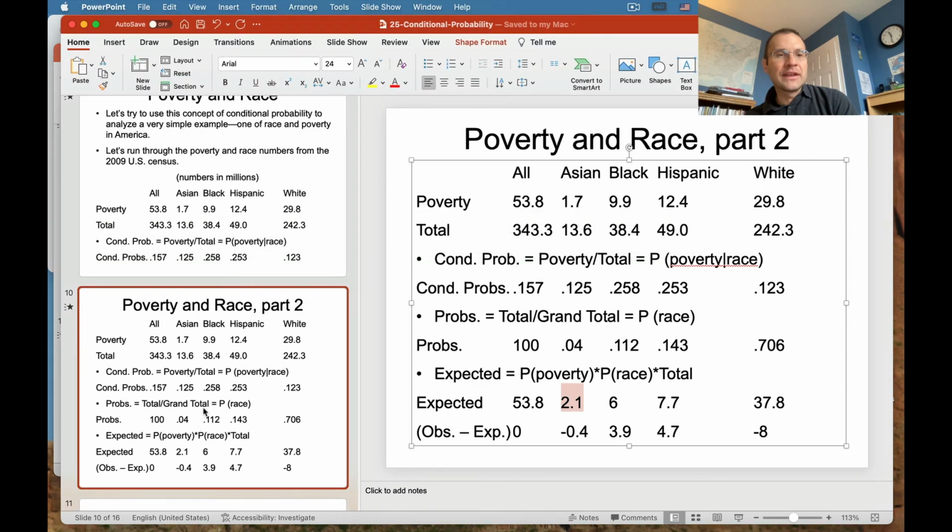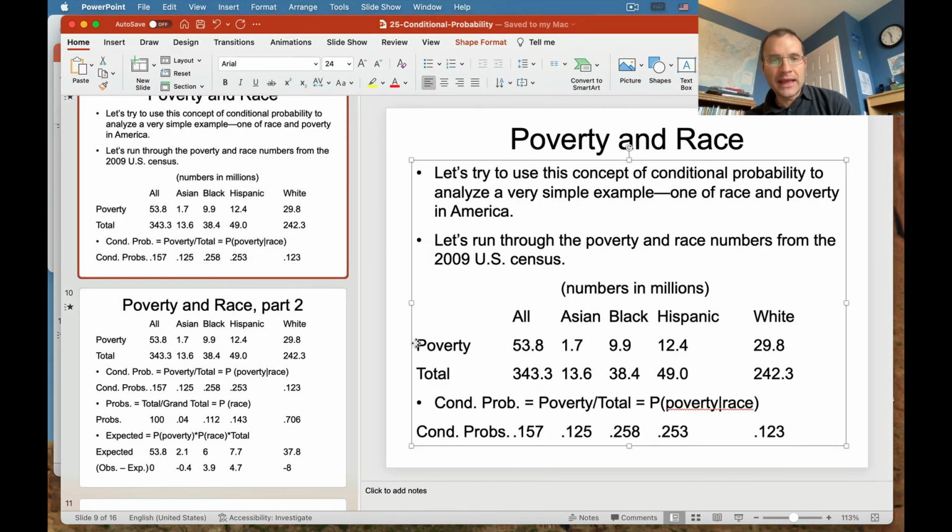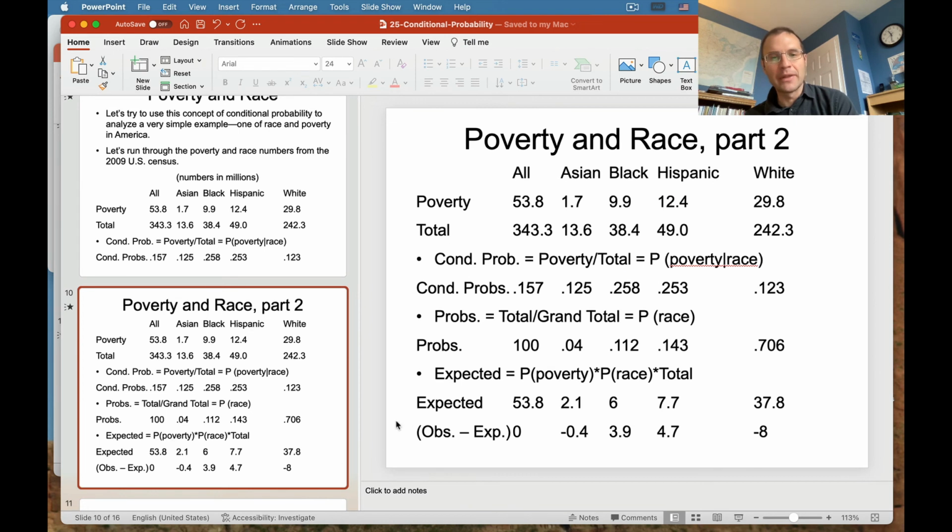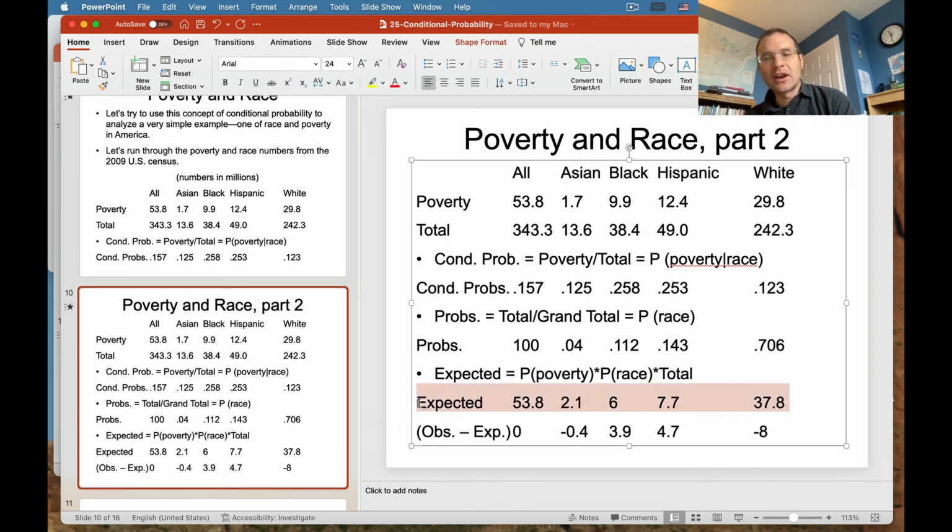And we start out with this table up here with the actual number of people in poverty. Remember, this is sort of coming up with a theoretical model for how this should work, and then actually looking at the observations and seeing how well they match. The expected numbers are here. The actual numbers are here.